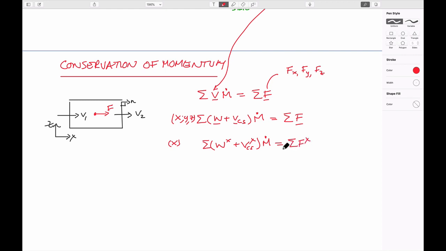And so we can resolve those. This mass flow rate is always given by the density, the area, and the relative velocity across that surface. But these are separately defined in this particular way to be able to accommodate the fact that the control surface might also be moving at some velocity.